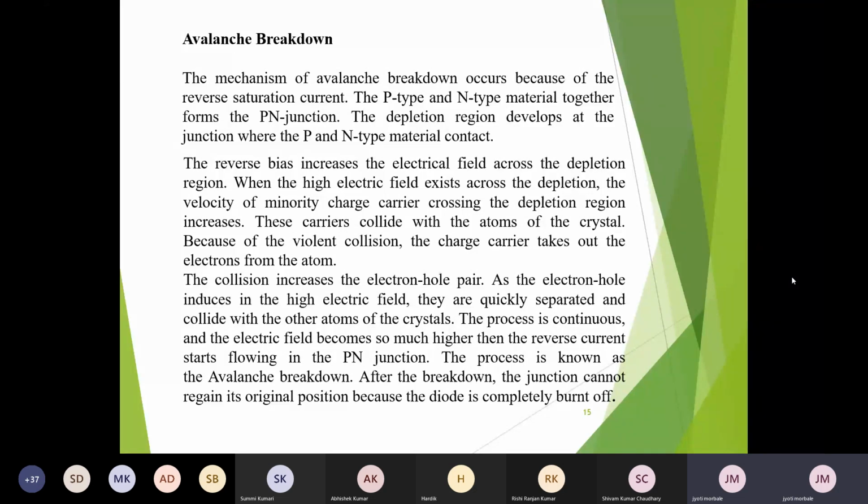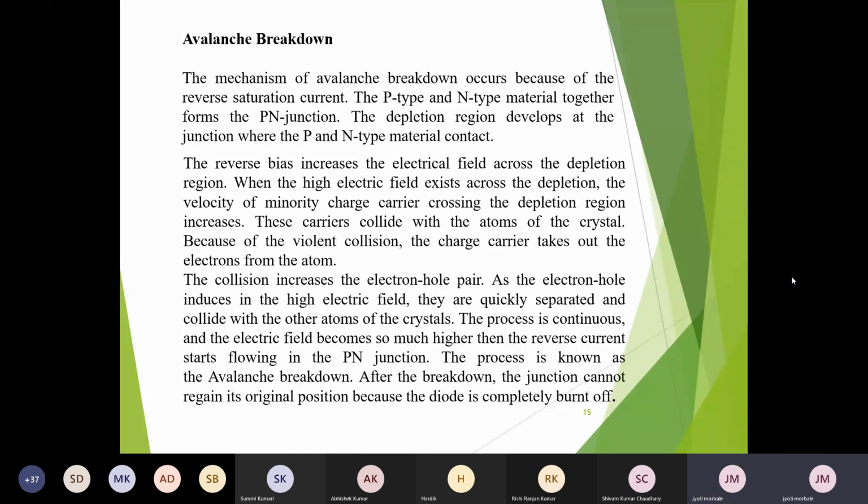Now these high energy minority carriers break covalent bonds and they generate more carriers. As these minority charge carriers get external energy so that they can move from one place to the other, उनको ज़्यादा acceleration मिलने की वजह से they break some covalent bonds when they move, and they create more carriers. वो कुछ कोवेलेंट बॉन्ड ब्रेक करेंगे और नए कैरियर्स जनरेट करेंगे.